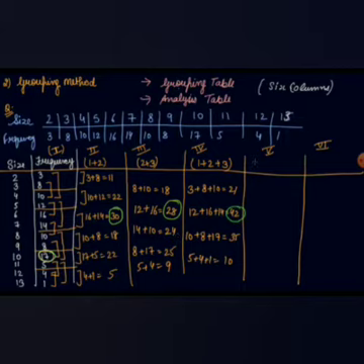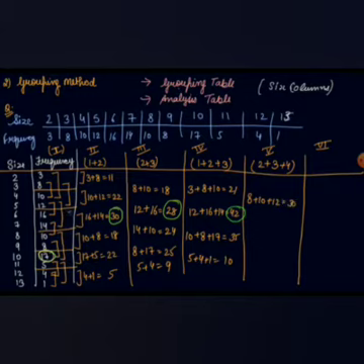Now in the fifth column, we start from the second frequency and add 3 frequencies, second, third and fourth. So we add 8 plus 10 plus 12, which is equal to 30.